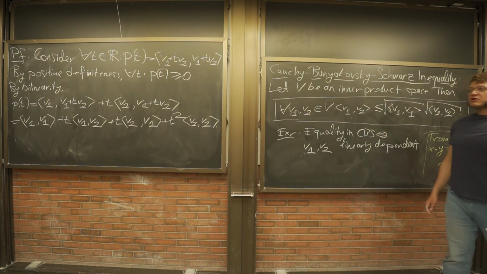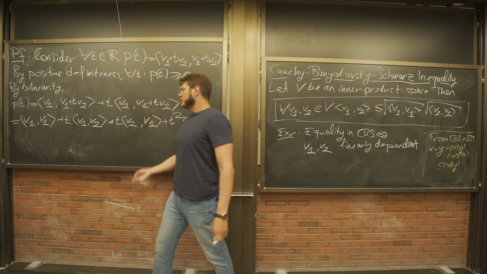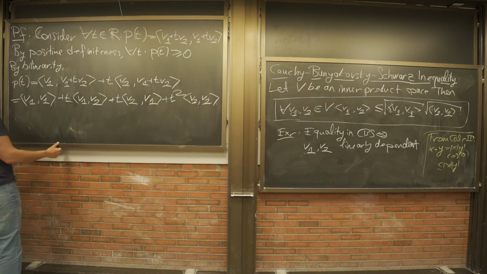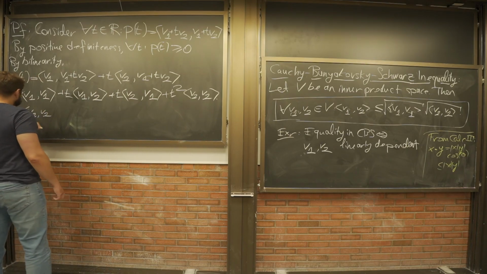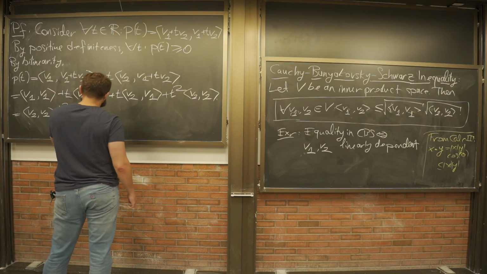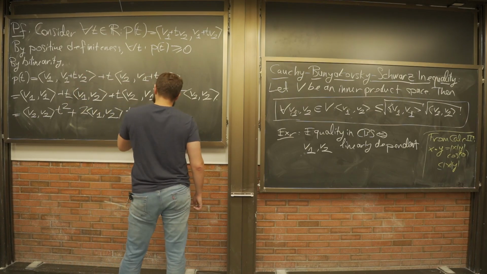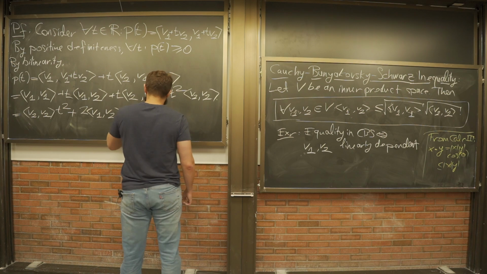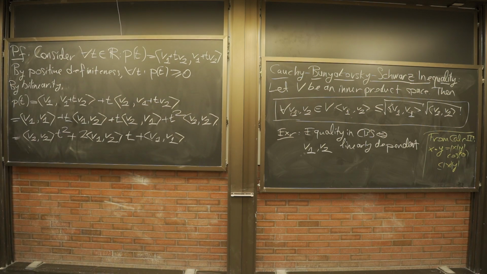By symmetry, I can go even further because I know that this inner product has to be the same as this inner product. So collecting everything, I have this. So for fixed v1 and v2, as you see, if I'm thinking of this as a function of t, this is a polynomial of degree 2.